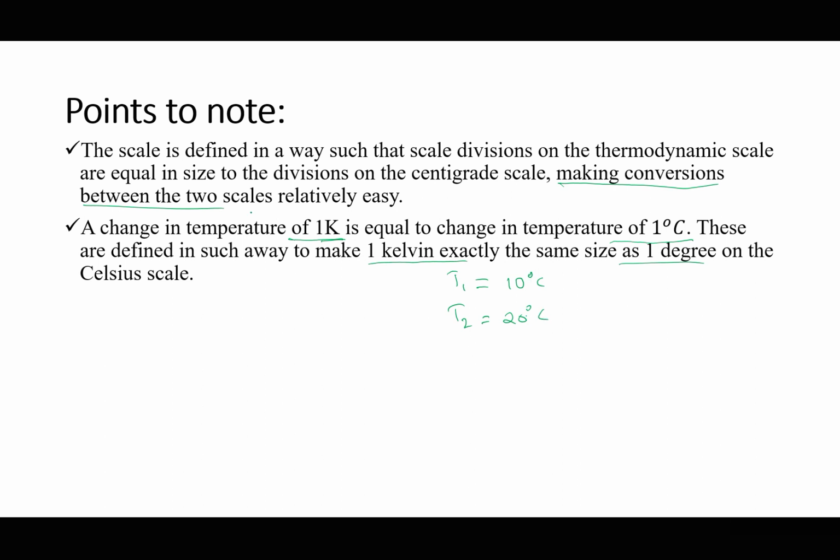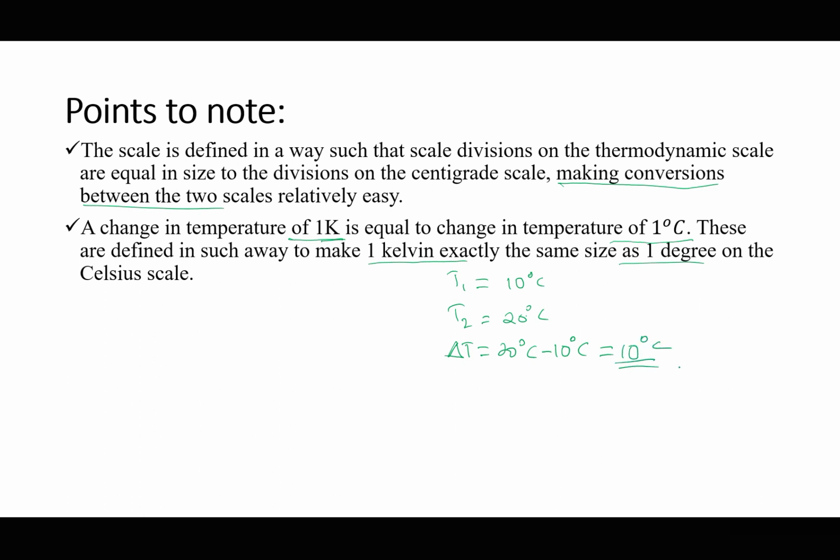What this statement is saying is that if there is a difference in temperature on the Kelvin scale, it will be the same as the difference in temperature on the Celsius scale in magnitude. If I find this difference on the Celsius scale, this will be 20 degrees Celsius minus 10 degrees Celsius, which will give us 10 degrees Celsius.